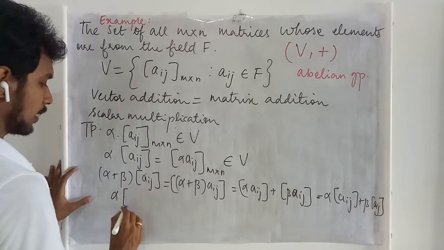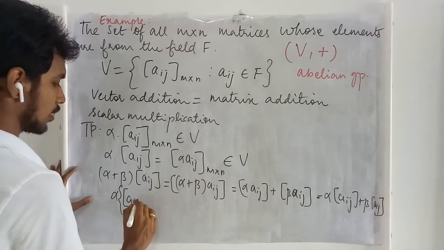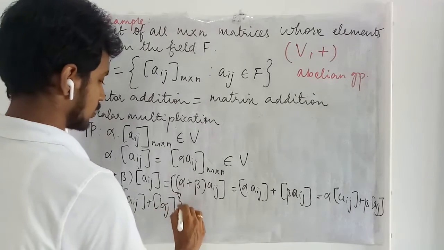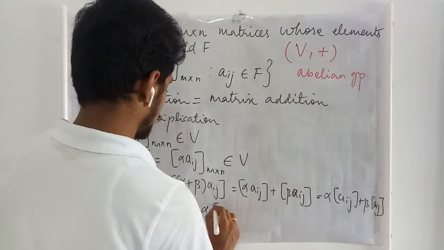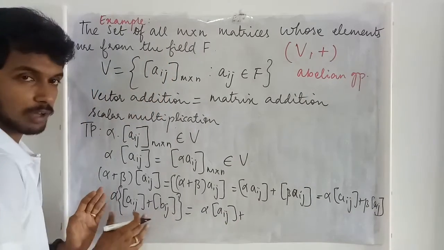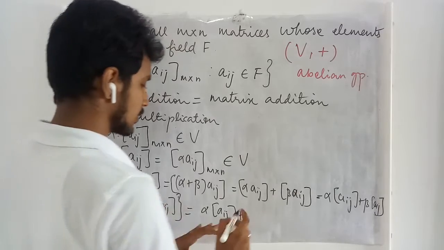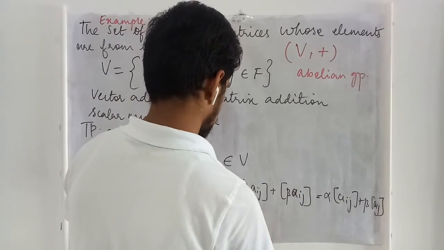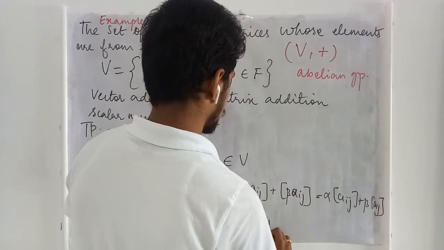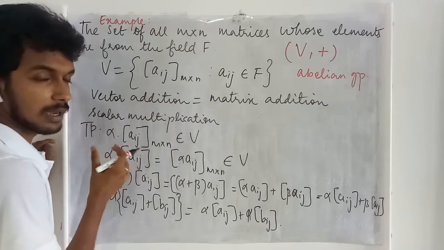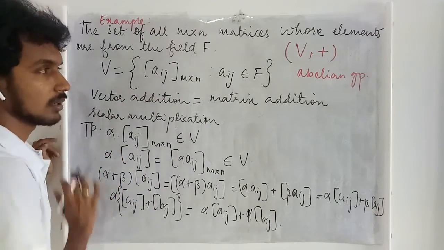And when you multiply a scalar to the addition of two matrices, this also happens to hold in the trivial sense. First you add these two matrices, then multiply the scalar, and now separate those two terms. You are going to get this. And when you multiply by one, all the entries of the matrix remain unchanged.